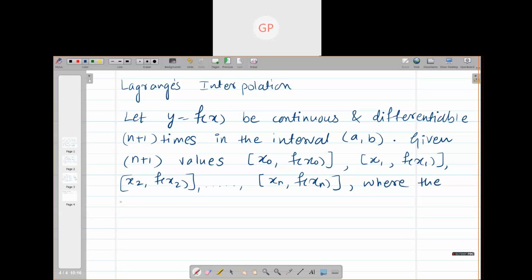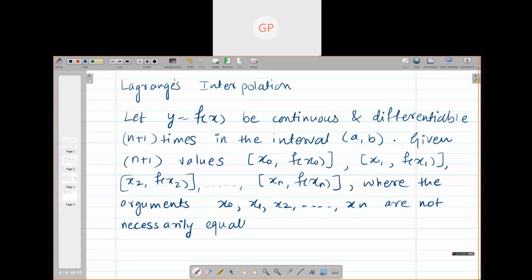So totally n plus 1 values are there, and where the arguments, the x values, we call them as arguments. Okay, where the arguments x naught, x1, x2, and so on, xn, are not necessarily equally spaced. Okay, that means they can be, but not necessarily equally spaced.